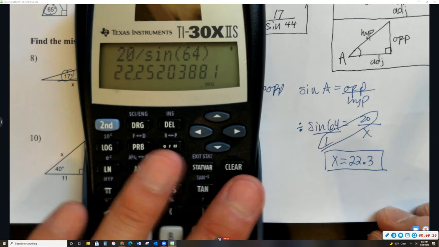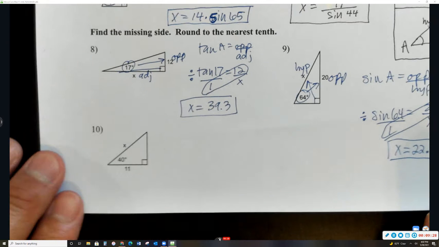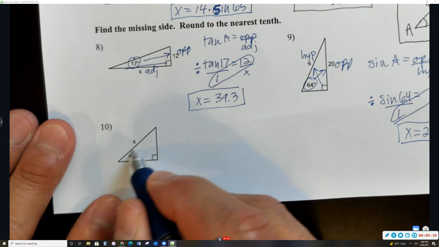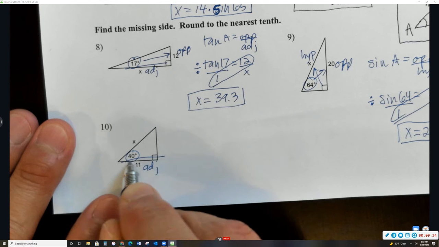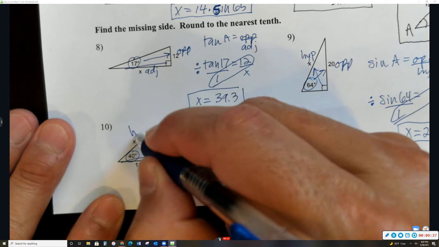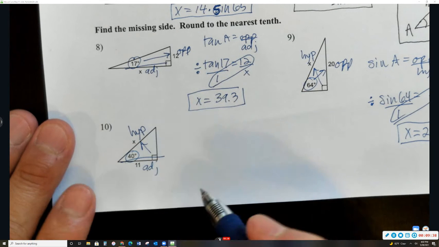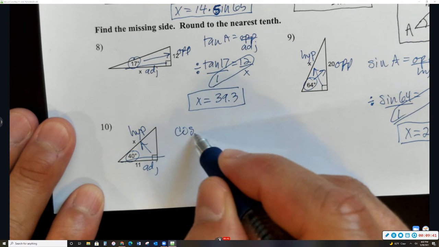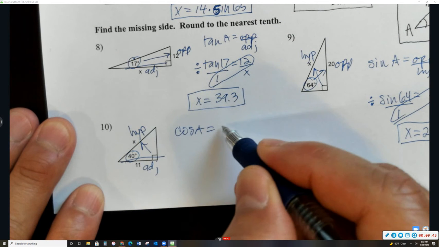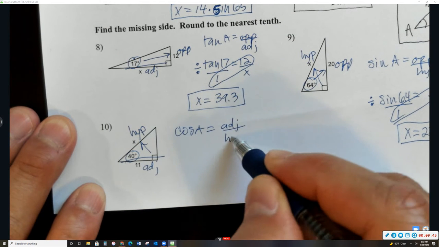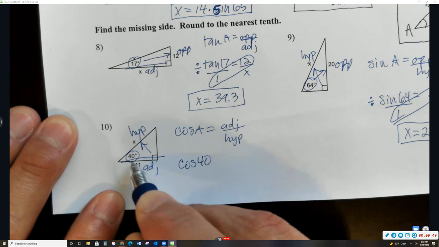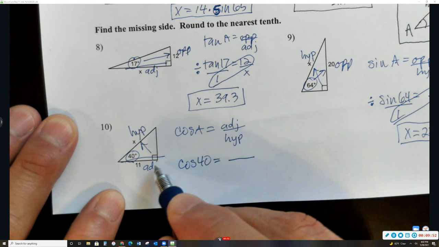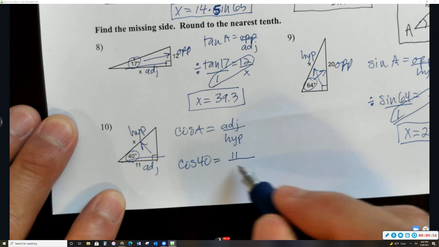Okay, and the last one on this section, that's the angle. This is the adjacent side because it's right next to the 40. This is the hypotenuse because it's across the 90 degrees. This one is cosine. We haven't seen cosine yet. Cosine is adjacent over hypotenuse. So we have cosine of the angle, which is 40, is equal to the length of the adjacent side divided by the hypotenuse.